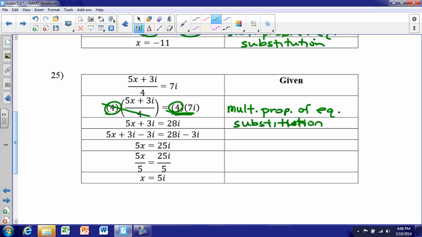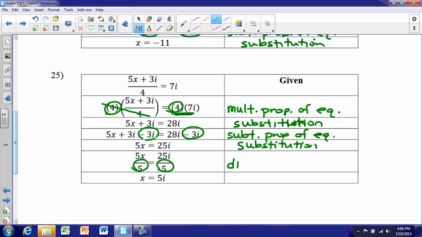Can't spell. Okay. Now all of a sudden there's a minus 3i on both sides. So that's a subtraction property of equality. And then we simplify. So there's your substitution again. All right, well I have something new. This time I've divided by 5 on both sides.